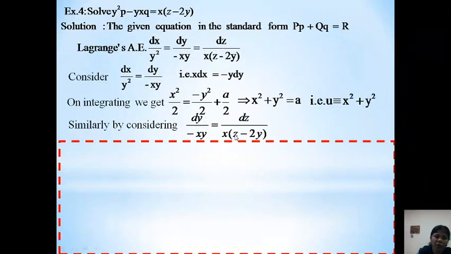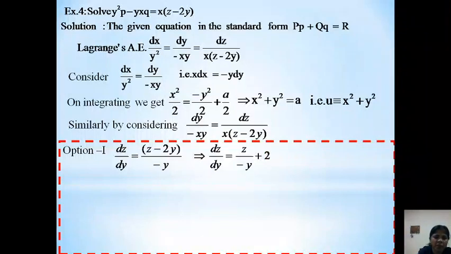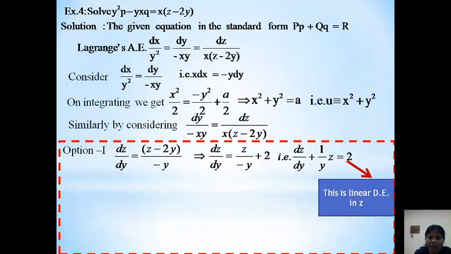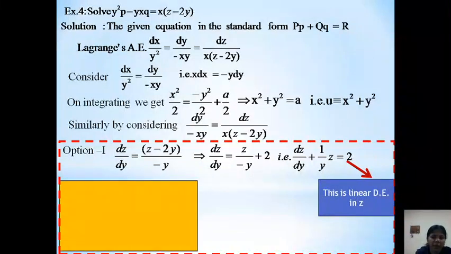Okay, now in order to solve this equation, we have two options. Let us discuss them. The first option is, you will rearrange the terms and rewrite it in this way. Now what we observe is that it is in the form of a linear differential equation in z. Here z is the dependent variable. Let us recall what is meant by a linear differential equation.